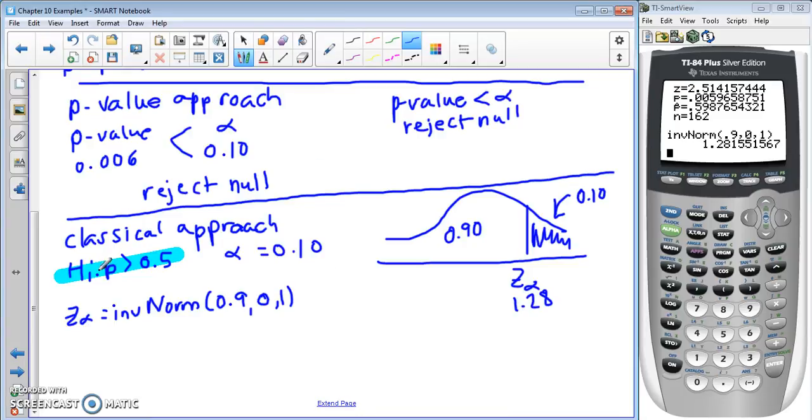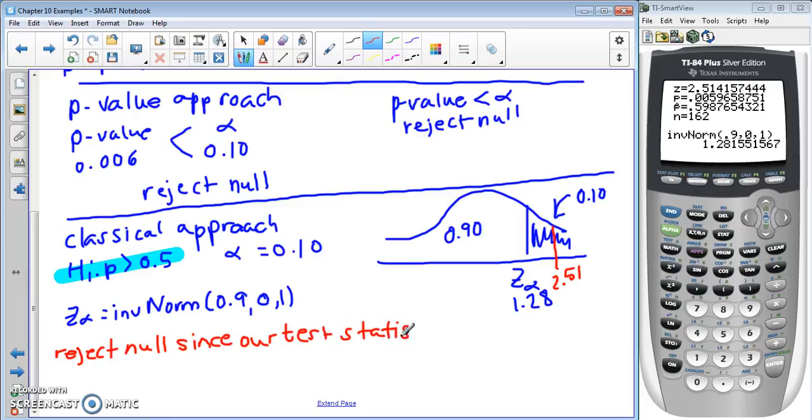So now we want to compare our test statistic. Our test statistic was 2.51. So 2.51 is greater than that, so it's going to fall in the critical region. So we are going to reject the null since our test statistic falls in the critical region.